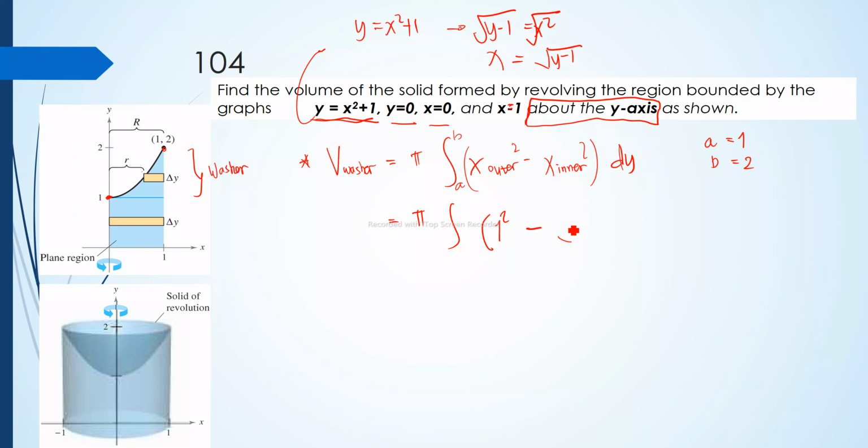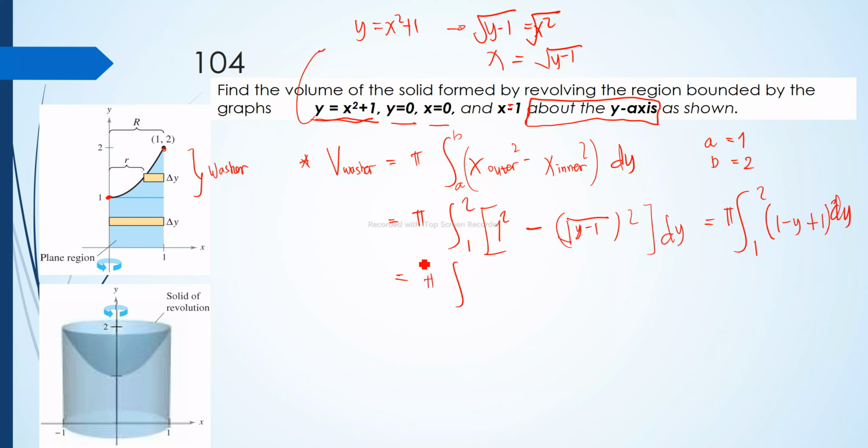We just put that here, y minus 1 squared, dy from 1 to 2. We have pi times the integral of 1 minus y plus 1, dy from 1 to 2, or pi times the integral of 2 minus y dy from 1 to 2.